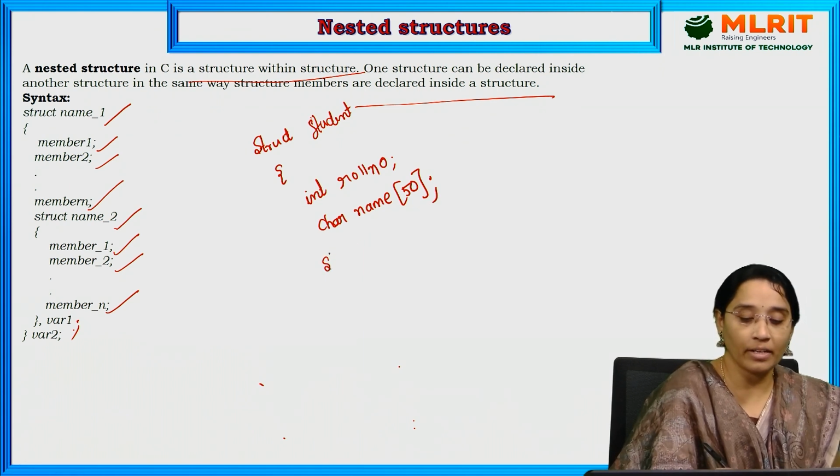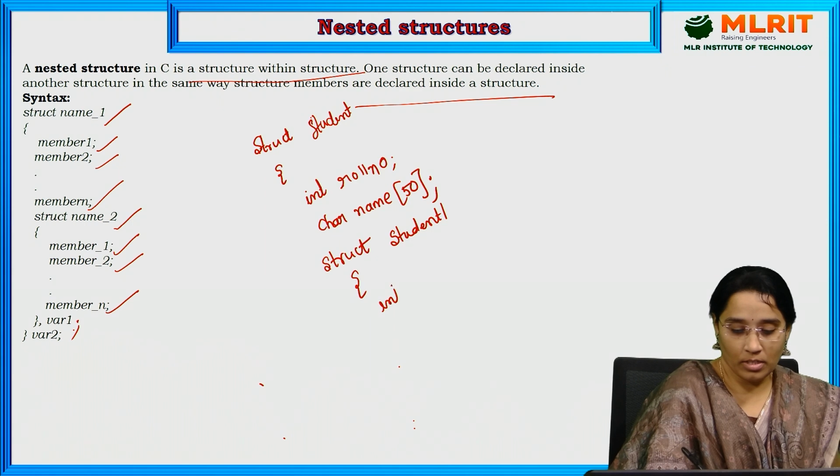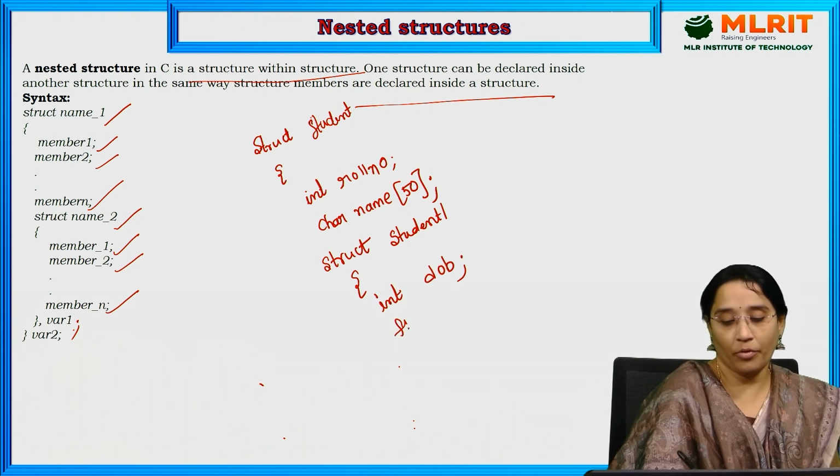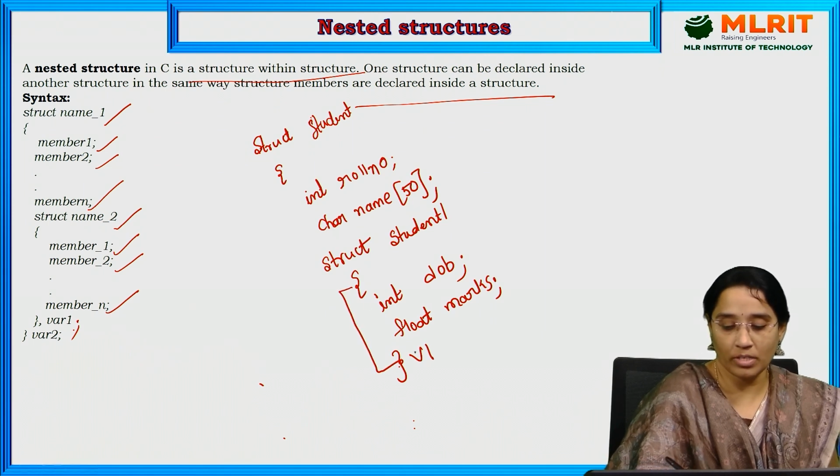Again, immediately you will start the inner structure. Struct, let's consider student 1, int date of birth, float marks. So here, this is the inner structure. The inner structure gets closed here.